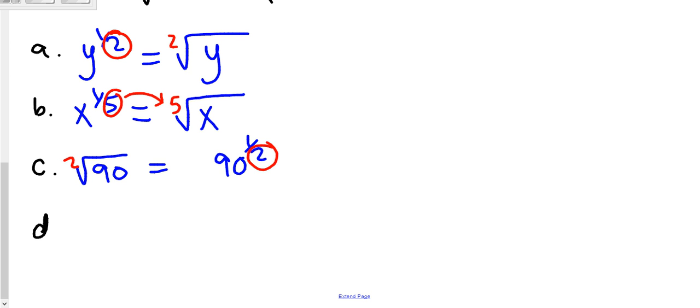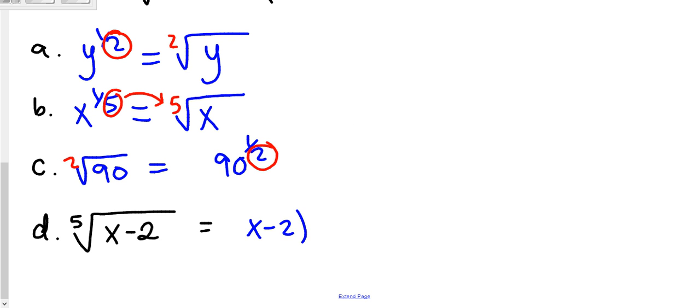Another example, if we have the 5th root of x minus 2, we can rewrite this as x minus 2. This is a group. It needs to be grouped together with parentheses because right now it's grouped together under the radical. And our power that we're going to write on here is 1/5.